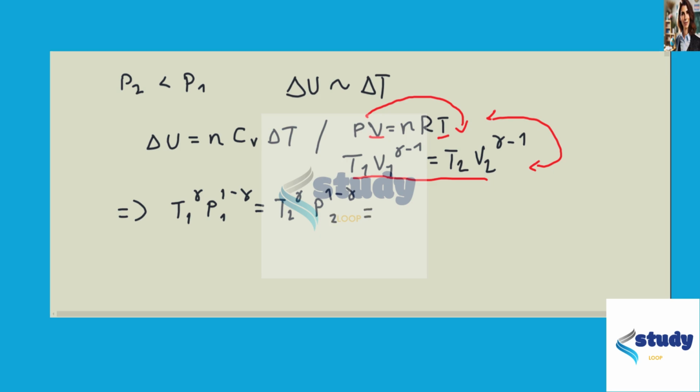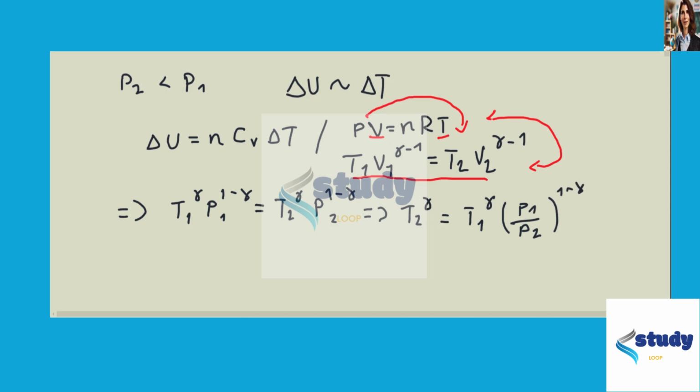Therefore, if we group the pressures together on the right-hand side and keep temperature 1 together with the pressures, we can obtain the next relation: T2 to the power gamma equals T1 to the power gamma times P1 over P2 to the power 1 minus gamma.